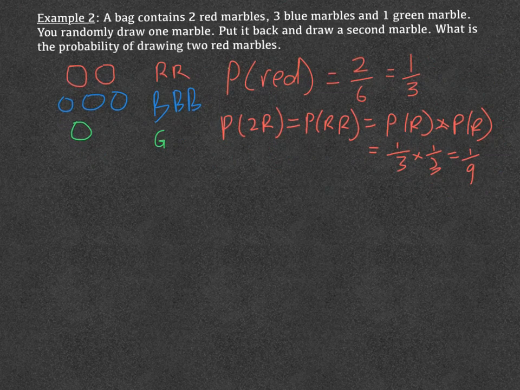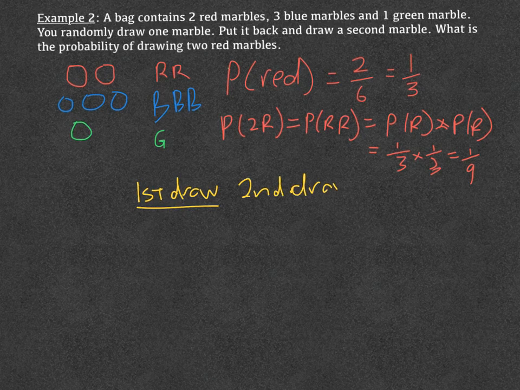We can also use a tree diagram to help us solve this problem. You will label the first draw, and then the second draw. So you will have the 3 possible outcomes.